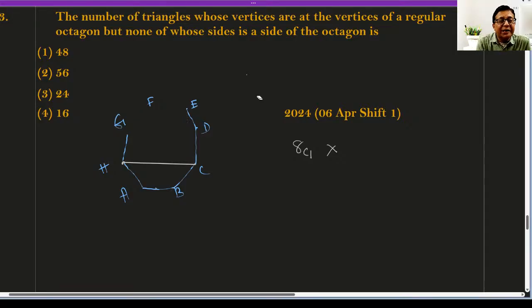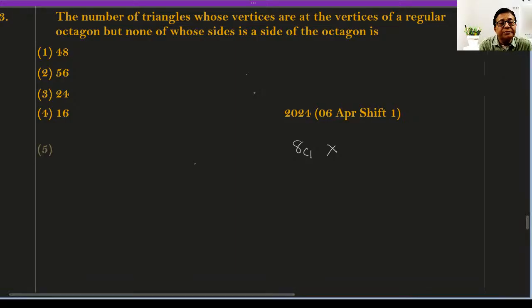If you take adjacent sides, let me get a better diagram. That's why you are confused. The diagram is not so good. Just let me draw a better diagram. One vertex is already chosen, so 7, and then 2 adjacent sides are there, so 7 minus 2, 5.